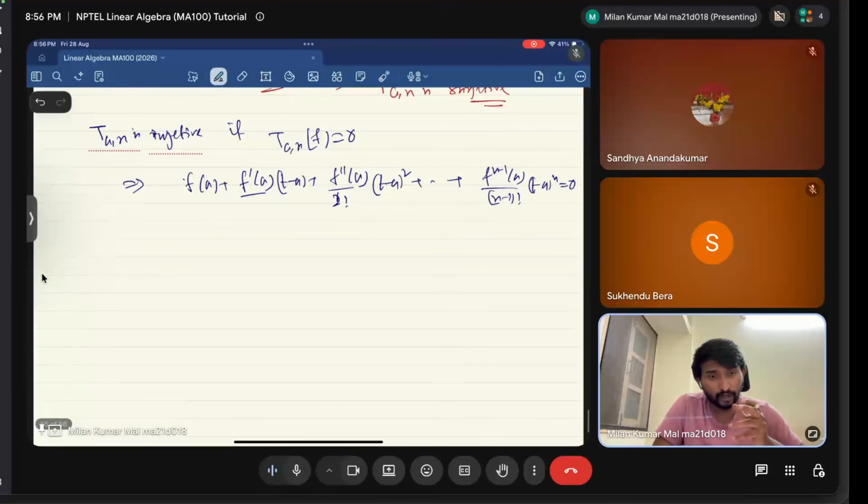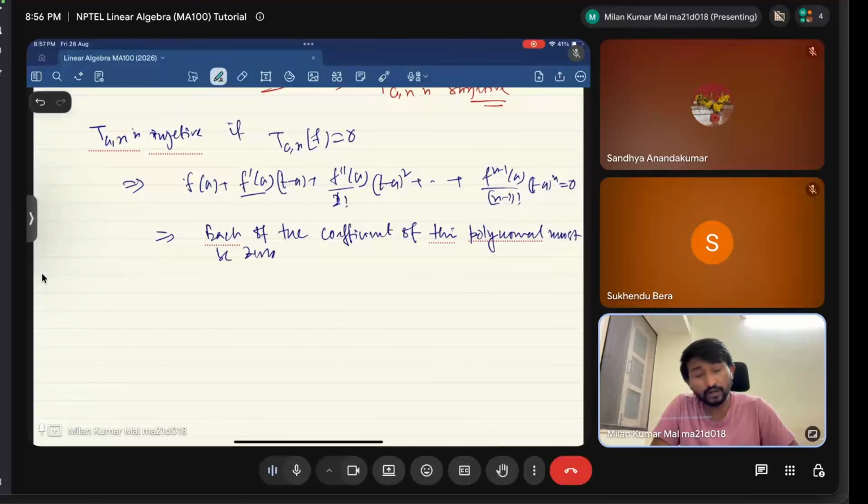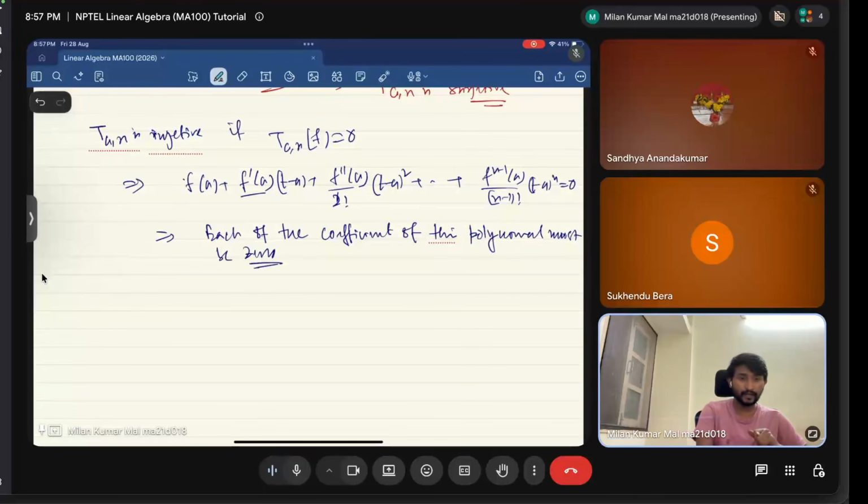But if a polynomial is the zero polynomial, then each coefficient of this polynomial must be 0.